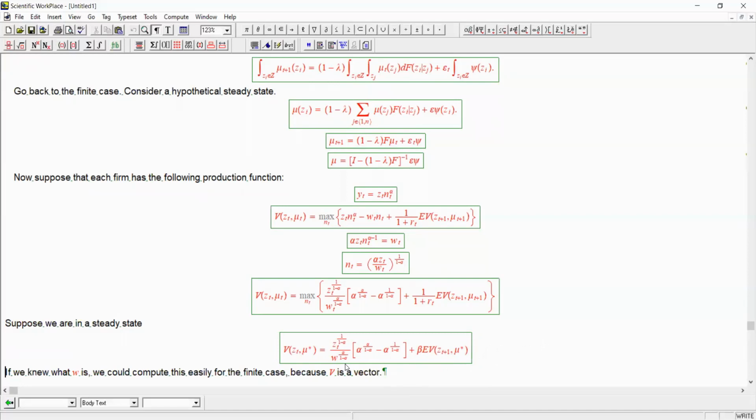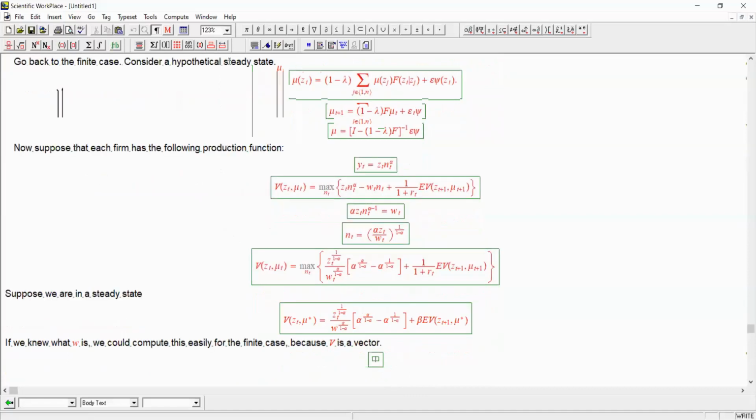So we could represent this in vector form, say V is that vector. It's equal to something times a vector here. Well, it's equal to this, which is also a vector if we're stacking it for values of z one on top of the other.